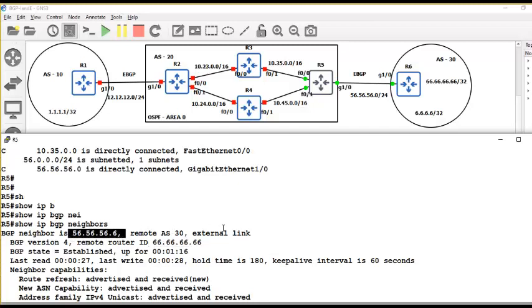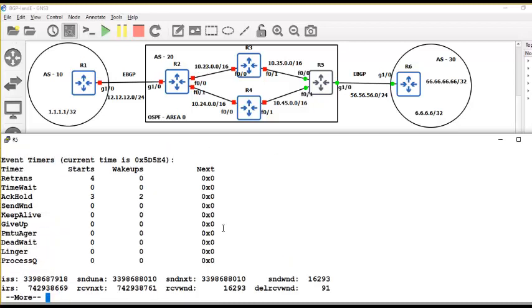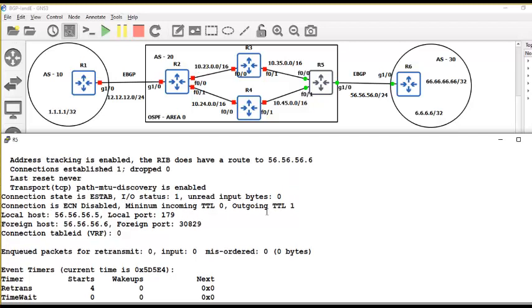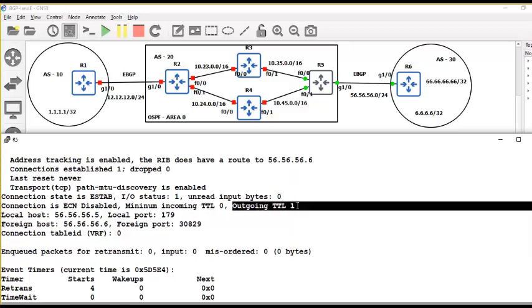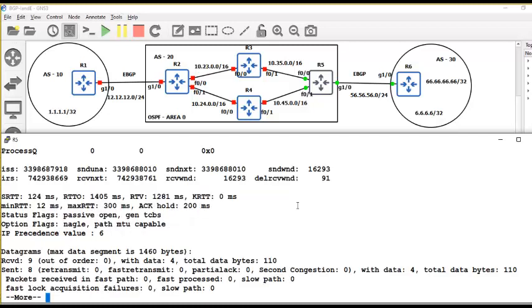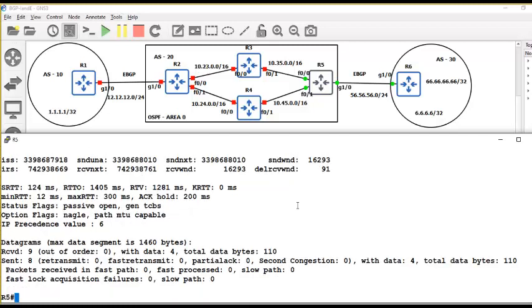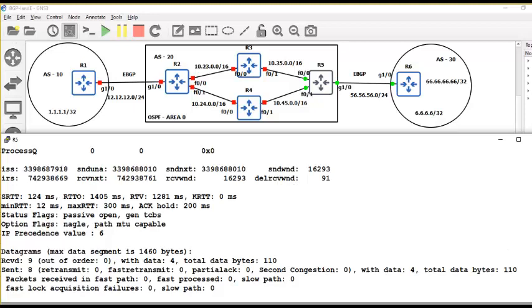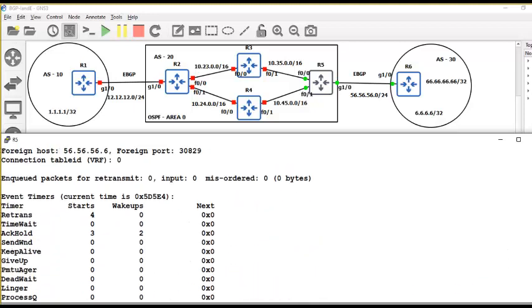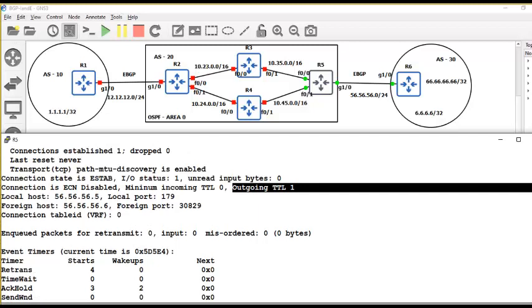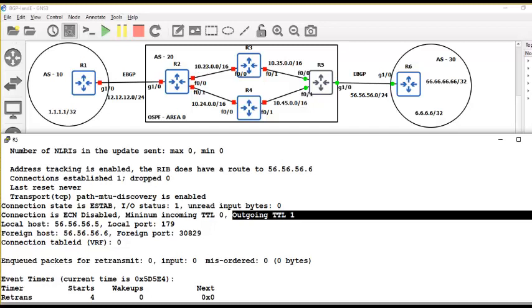And now if you go down, I'm interested in showing you the TTL. Look at this. The outgoing TTL is 1 to make sure the neighbor's network is seen as directly connected.